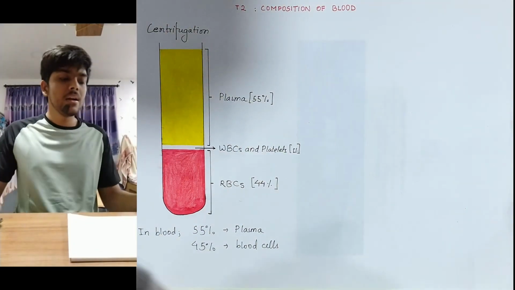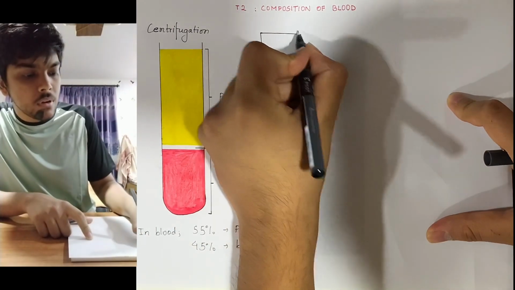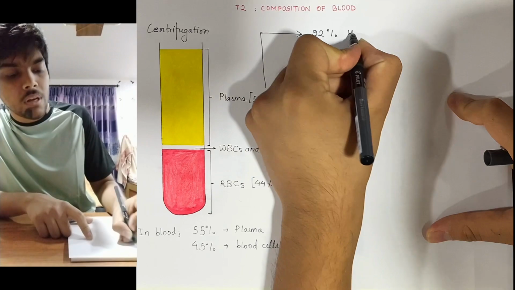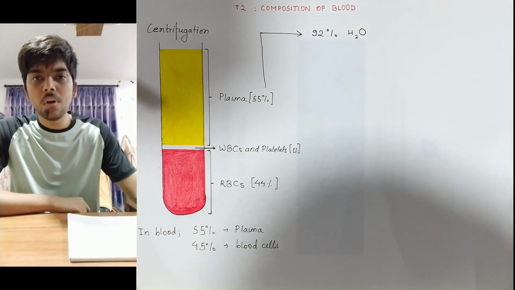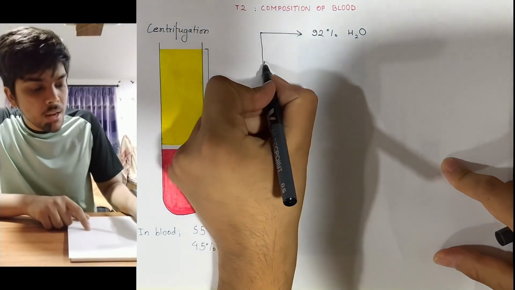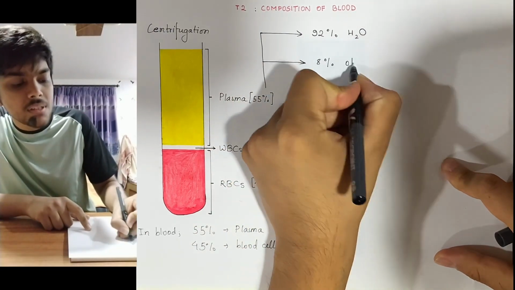Now, plasma itself is composed of 92% water. That is, if you have 100 ml of plasma, then 92 ml out of that 100 ml is water, while the remaining 8% are your other substances.